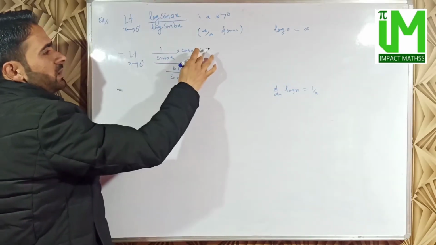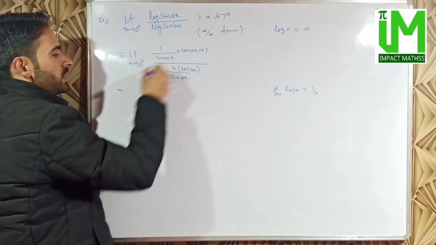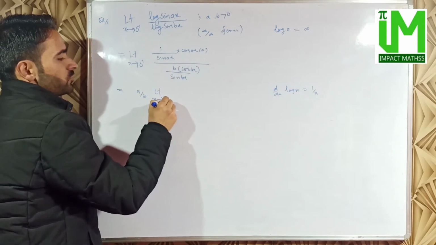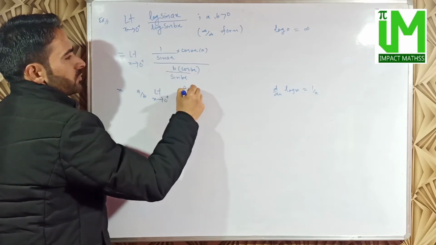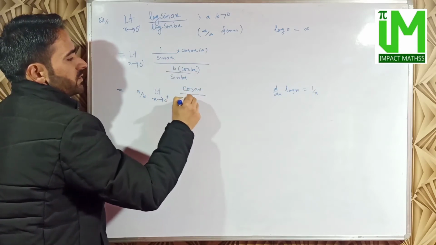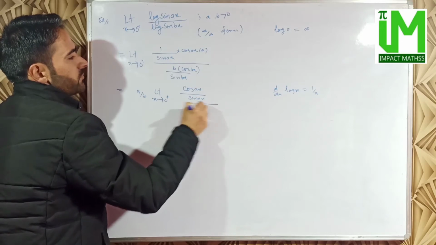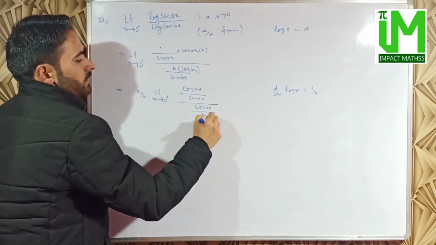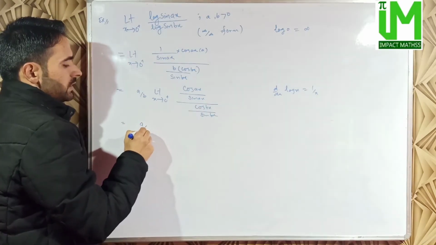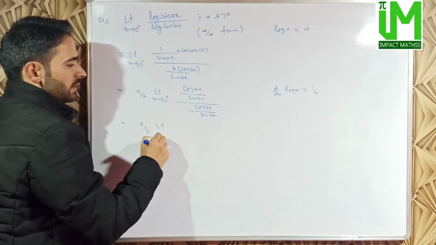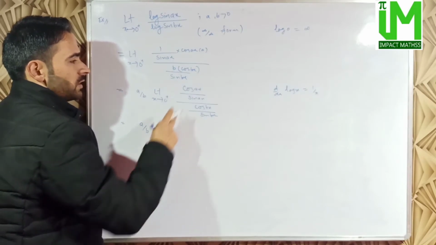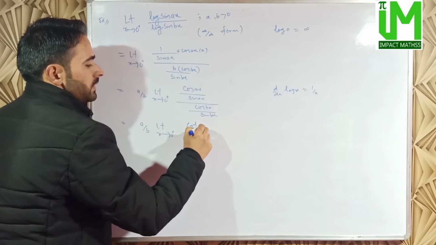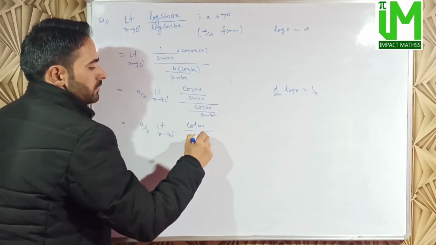The a and b come out, so it will be a divided by b, limit x approaches 0 from the right, of cos ax divided by sine ax, whole divided by cos bx divided by sine bx, which will be a divided by b times cot of ax divided by cot of bx.